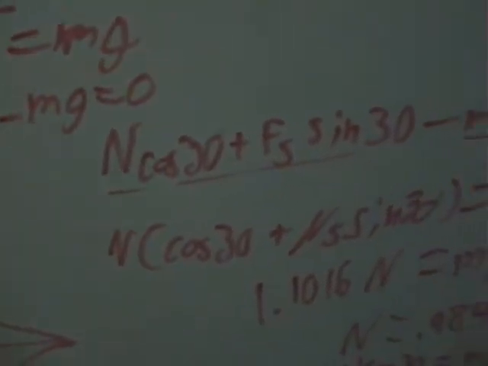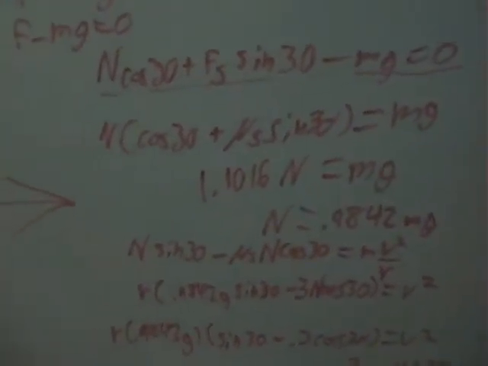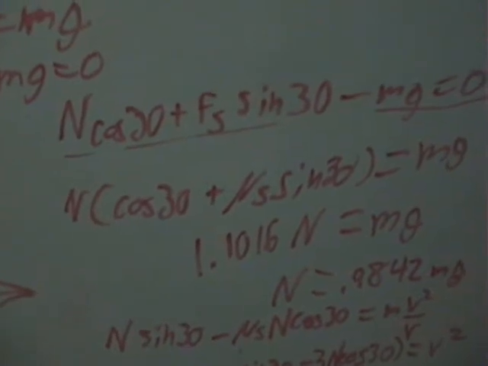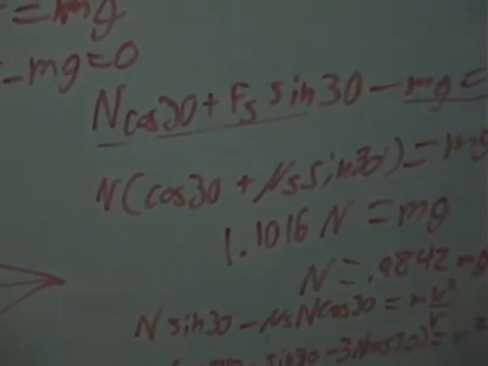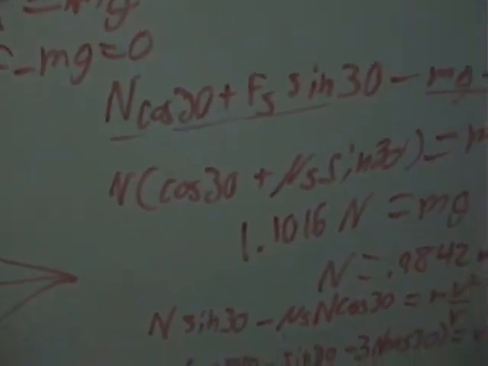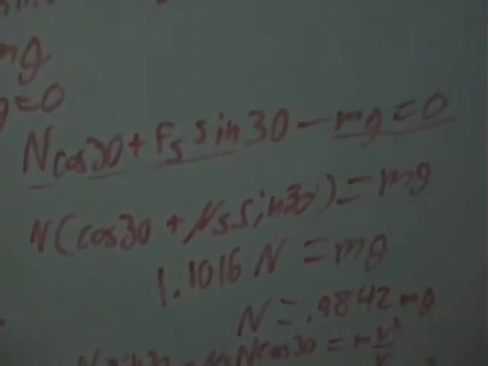And then he also has the second equation, sum of F equals ma, or F equals mg, so the sum of the vertical forces minus mg equals 0. We have n cosine 30 being the vertical portion of that, plus F sub s sine 30, again the vertical portion, minus mg equals 0.